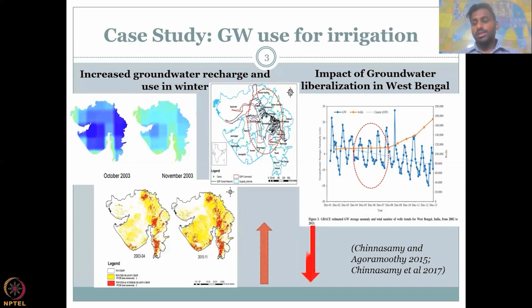So both the recharge and discharge were seen here. One is where you saw recharge because of the irrigation plans, and also another, groundwater depletion because of a groundwater market opening for agriculture.